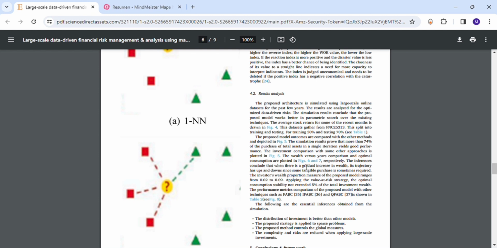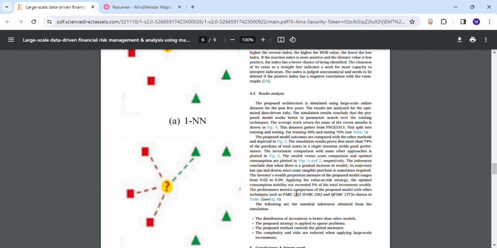The inferences conclude that when there is a gradual increase in wealth, its trajectory has ups and downs, since some tangible purchase is sometimes required. The inverse wealth proportion measure of the proposed model ranges from 0.02 to 0.09. Applying the value at risk strategy, the optimal consumption does not exceed 5% of total investment wealth.